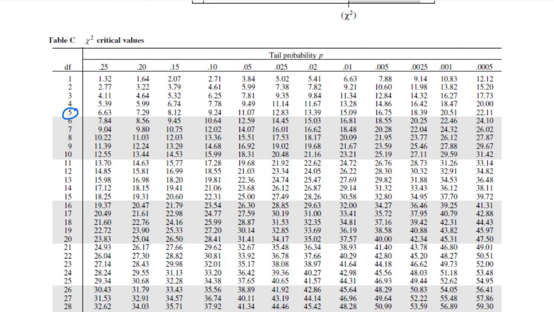We are going to go across that row. We're looking for 7.468. That was our chi-square value. And 7.468 falls right here between these two numbers. So our p-value is somewhere between 0.15 and 0.2, which obviously is well above 5%, and so we'll make our conclusion in just a moment.